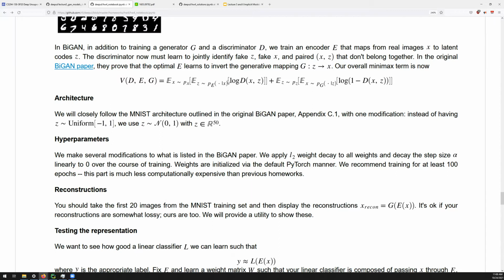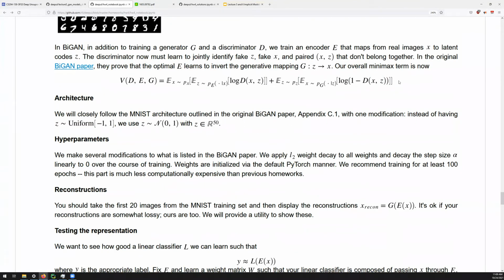It's almost the same, except the discriminator takes X and Z, and likewise 1 minus D of X and Z. X is from the real data, Z is from the encoder for real data, Z is also from the latent space, and that one is paired with the generator's output. This whole expectation is over those.